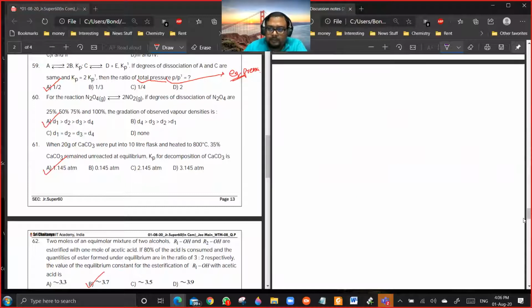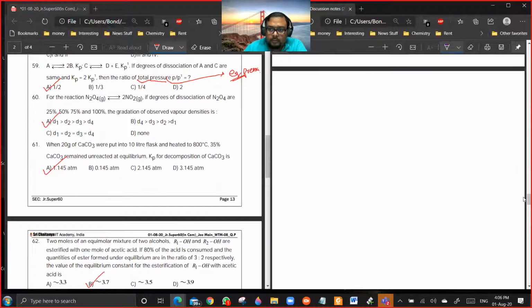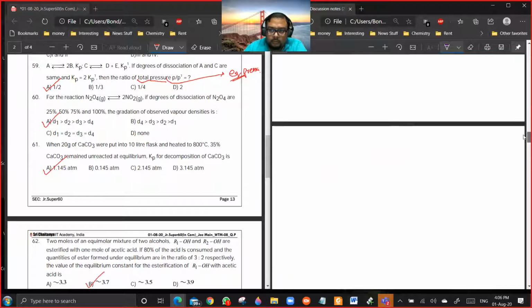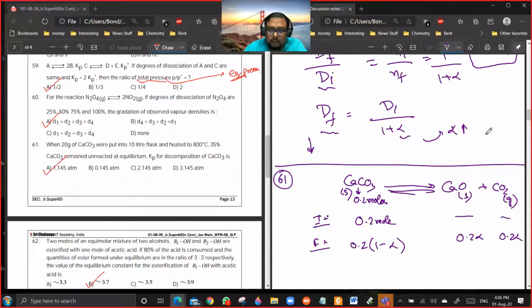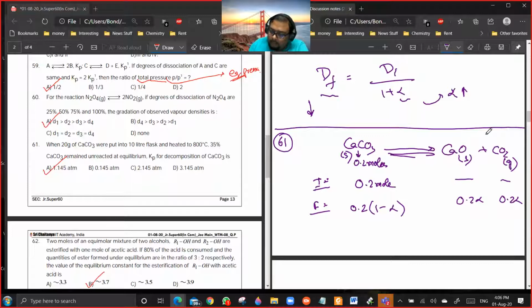Now, always remember one thing, that right now we know the value of alpha. Alpha is how much? Alpha is 0.35. So this will be what? 0.2 into 0.65 is 0.13 moles. So 0.07 moles have gone, so you will be getting 0.07 here and 0.07 here.